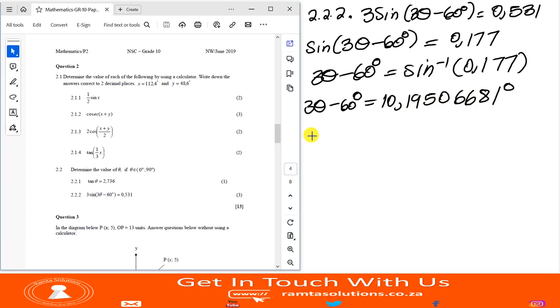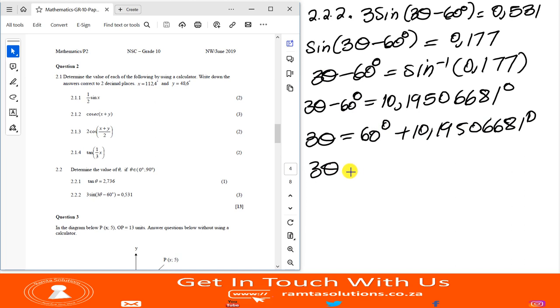Hang on. This then becomes 3 theta equals, you're going to move 60 to the other side. Maybe let me just write it, but it's not necessary, guys. So, equals 60 degrees plus 10.19506681 degrees.